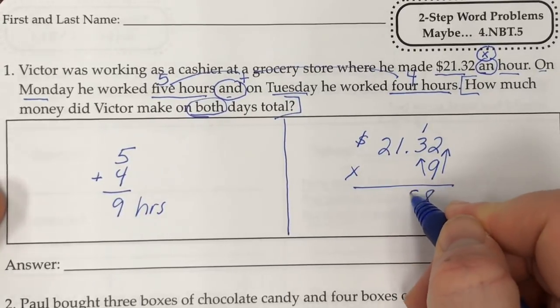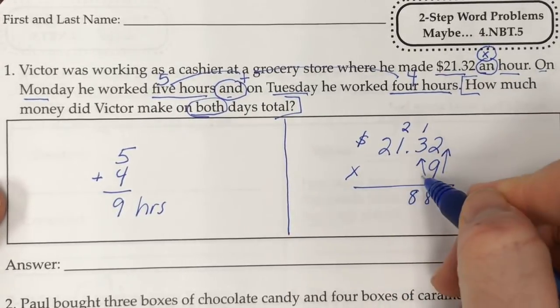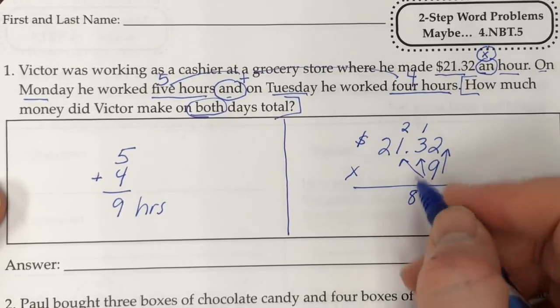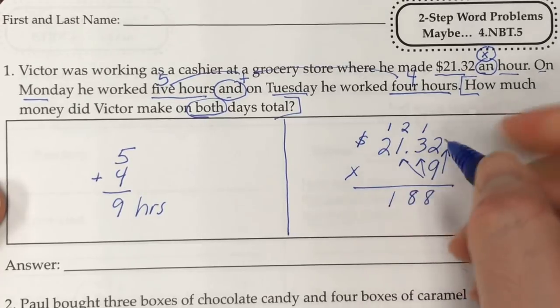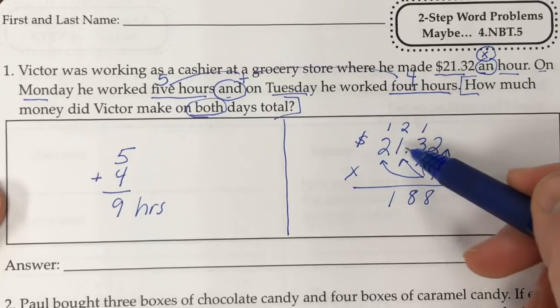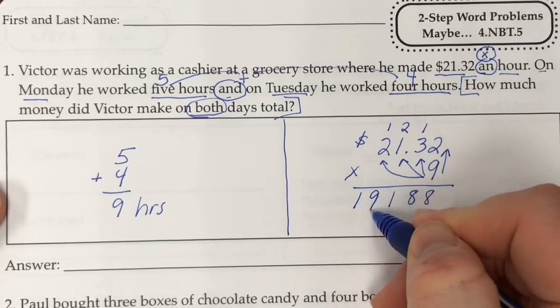Add the regroup is 28. 9 times 1, add the regroup. 9 times 1 is 9. Add the regroup. 10, 11. And last one, 9 times 2, add the regroup. 9 times 2 is 18. Add the regroup is 19.